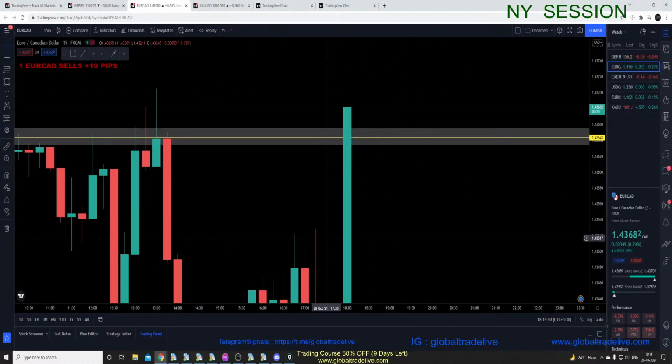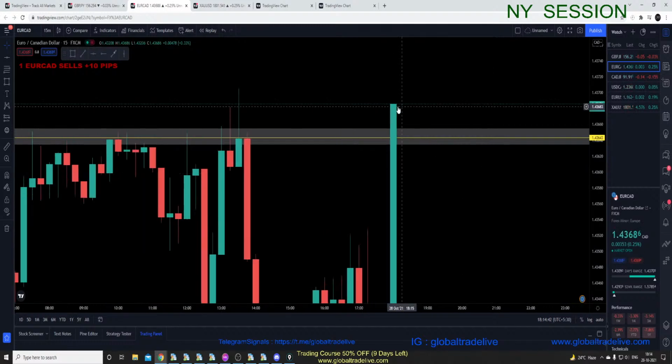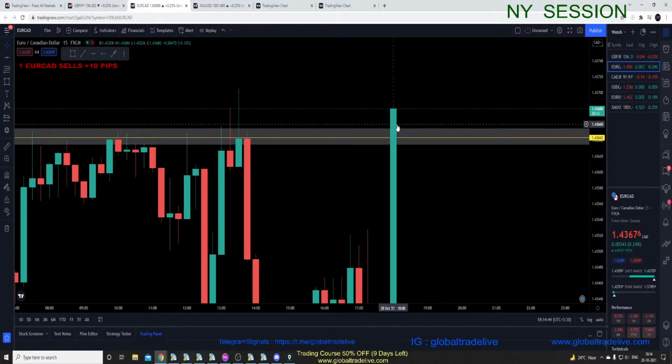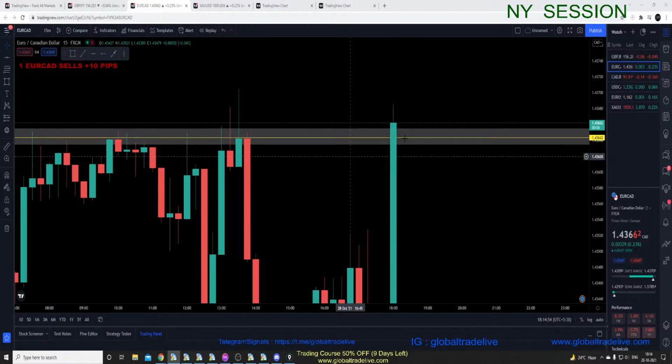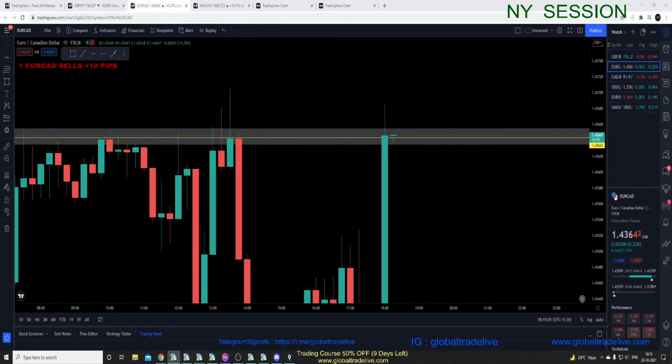23 seconds remaining. Let's hope that this candle just comes back down and gives us a chance of taking a trade. Okay, 8 seconds remaining over here. Let's see if this candle closes up or not. And finally, this candle closes above this area, right?